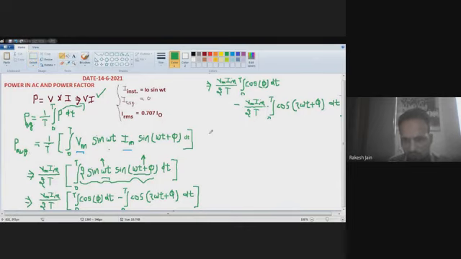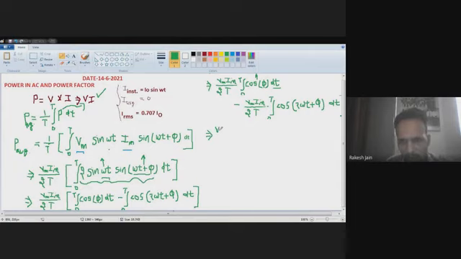First of all, when we focus on the first term, it is an integration with respect to time. But here cos phi is a constant term, because it does not contain any t value. That's why it will be taken outside.